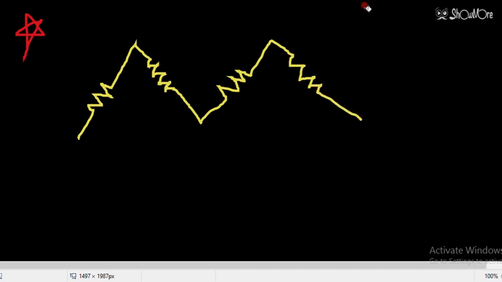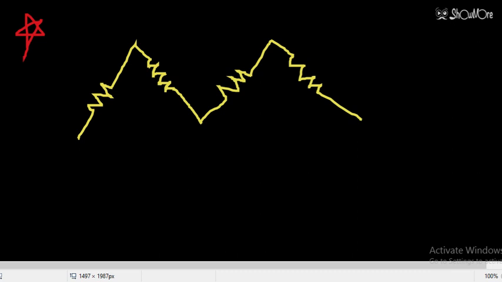So students, in this case also you can easily identify that the right end of this resistance is connected to the left end of the next, and the right end of this resistance is connected to the left end of the next resistance. So obviously they will be in series, but let me check also.